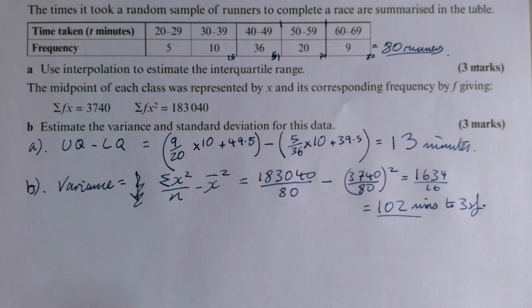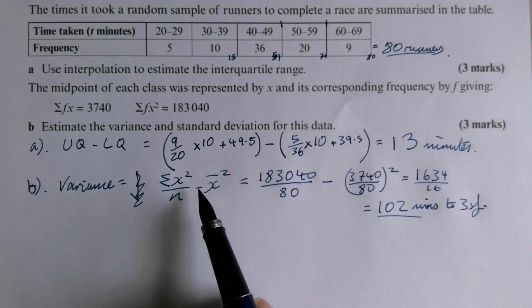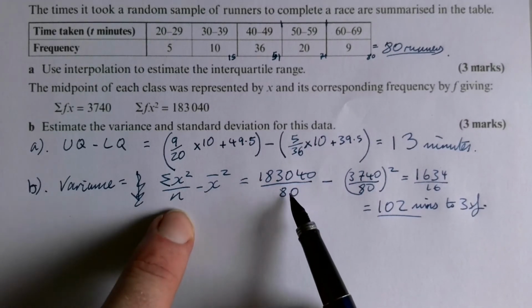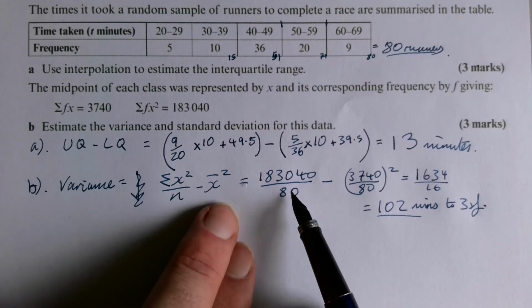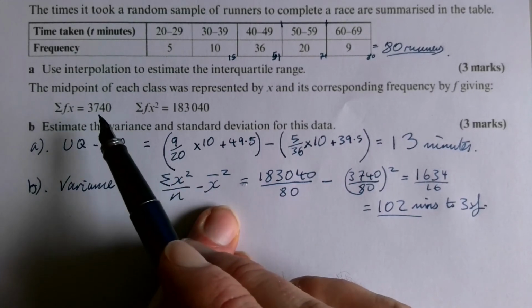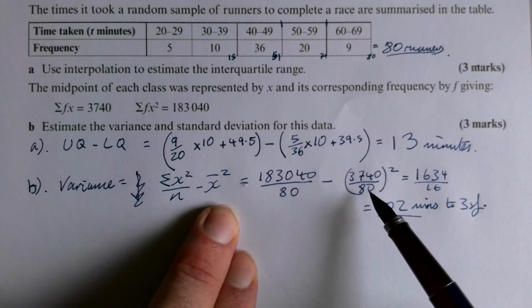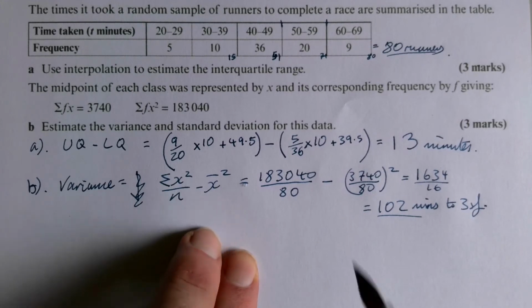So this is what I've got. I started off by copying down what the formula was, and then 183,040, n stands for the total of the frequency, and then to work out the mean you would need to add up all your total times and divide by how many there are. So there's your added up total times divided by how many there are, and they want you to square it. Remember, the x bar means the mean.